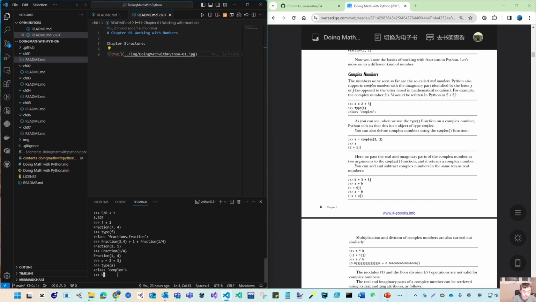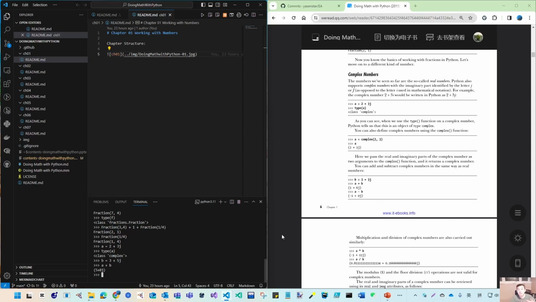So if I put B equal to 3 plus 5J, and make it A plus B, you get parentheses, but they add your real parts, and they also add your imaginary parts separately. So now you get 5 plus 8J.